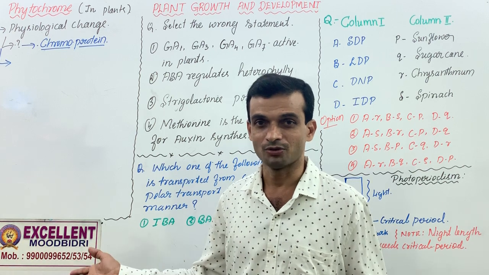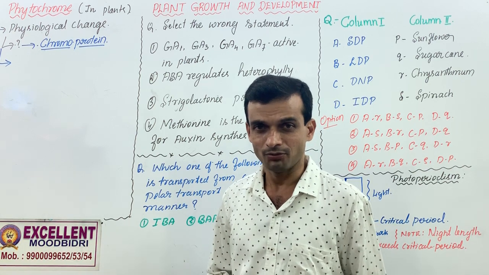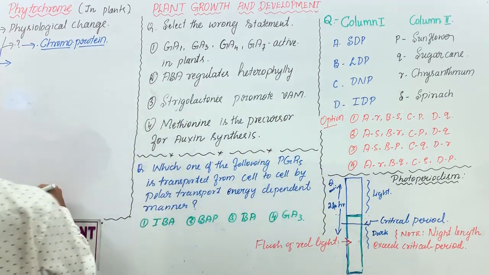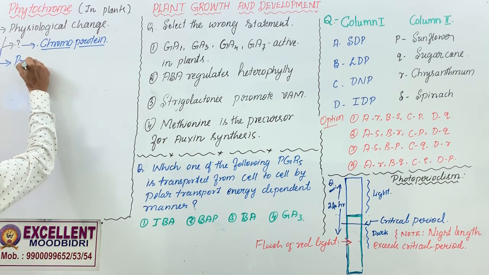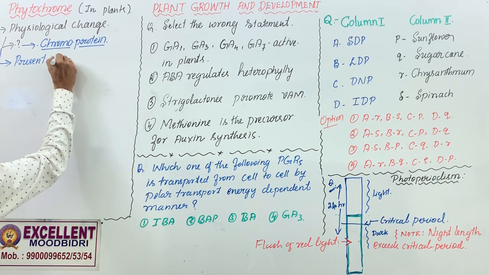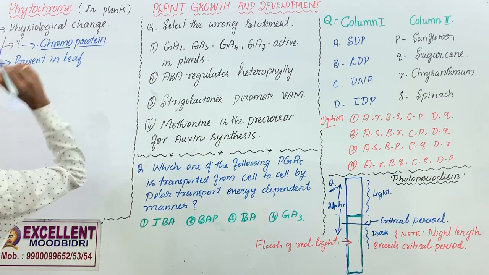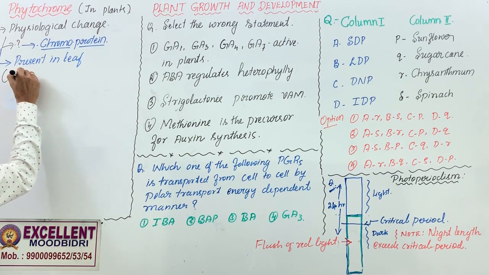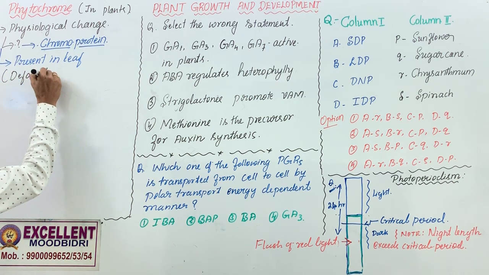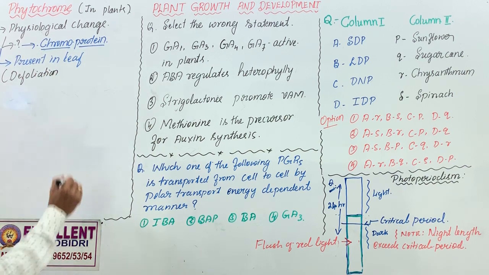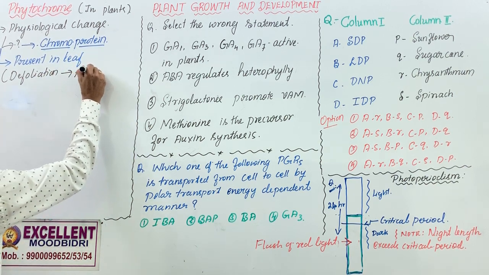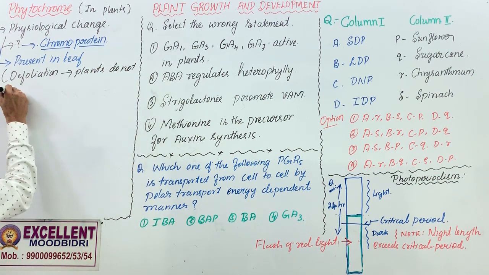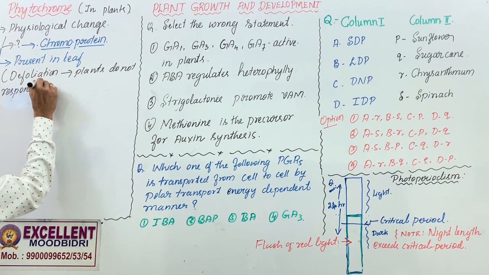Now it will not respond to photoperiod. The plant will not understand that it is short day. No flower formation. So phytochrome is present in the leaf. In case of defoliation, removal of leaf, plants do not respond to photoperiod.